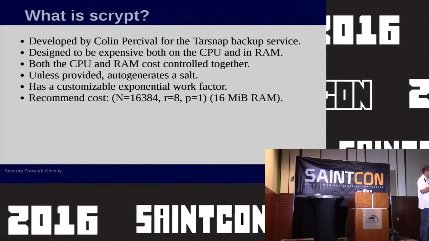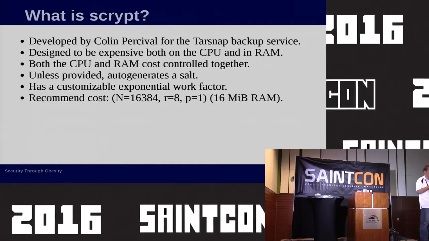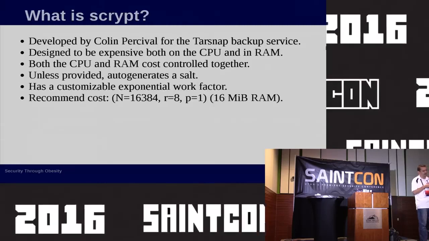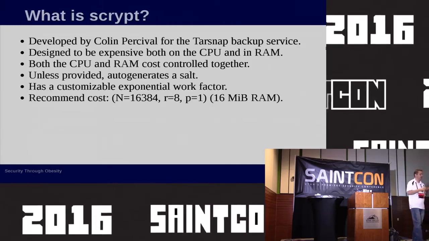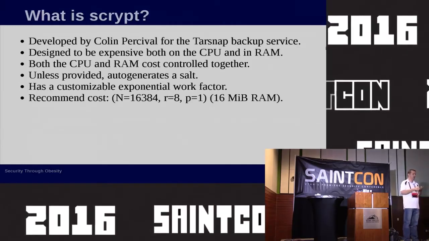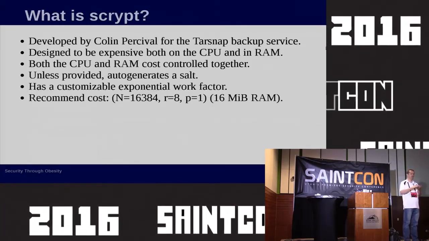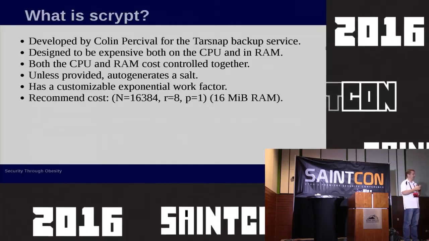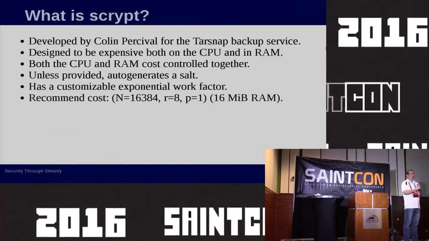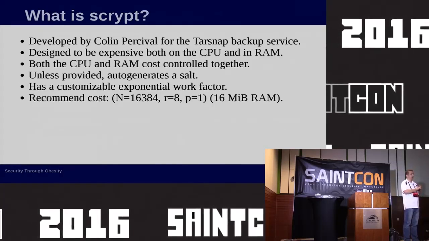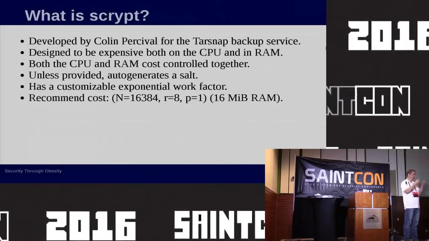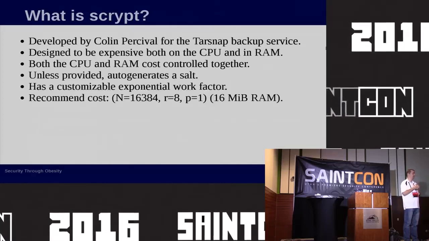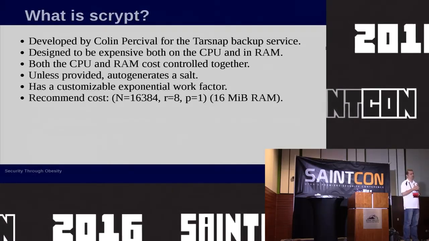Instead, I get this CPU cost, which is the capital N, and then I have this R and this P. The P is a parallelization factor. The R is, I want to say, a register. I'd have to look. I don't remember the exact acronym for it. But there's a math equation where I multiply these and add these together, and that'll tell me how much RAM gets used as a result, right?